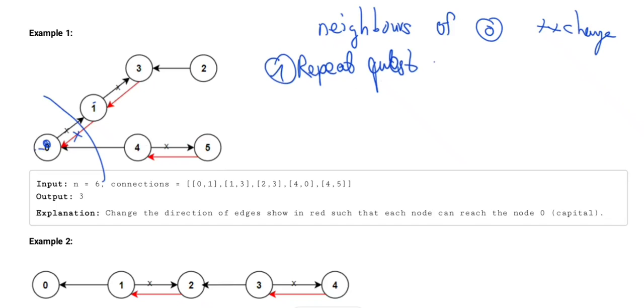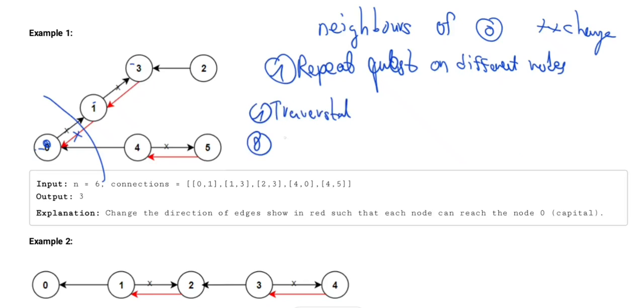So we repeat the question on different nodes, and we traverse this graph, each time on the neighbors. So we need to do a traversal: ask the question, repeat, ask the question on the neighbors, and repeat.